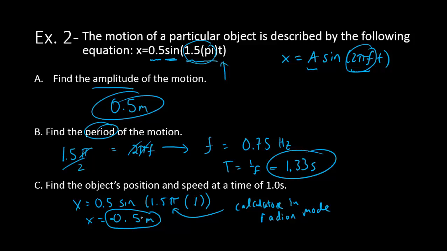And those equations will not be listed on the equation sheet. It's likely they're just going to ask you about some key points in simple harmonic motion where the speed is 0, or the speed is at its max, or the amplitude is at its max. So those specific points on the wave function.